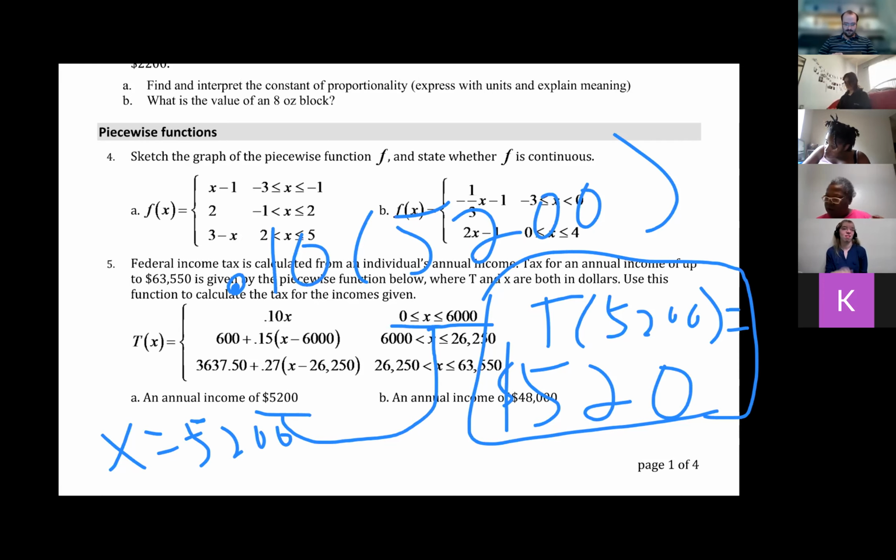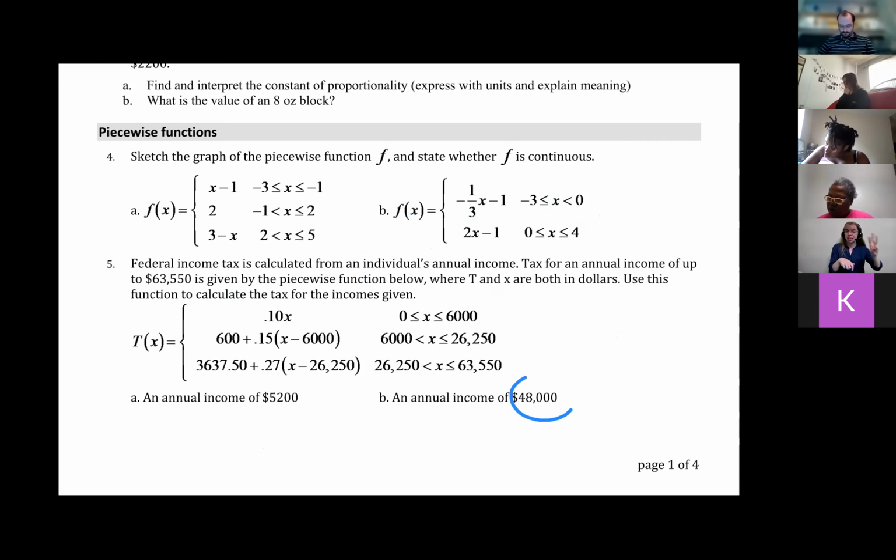Okay, so like the 48,000, it fits in between the 26 and the 63. So are we using the function that's on the other side to find the answer for it?